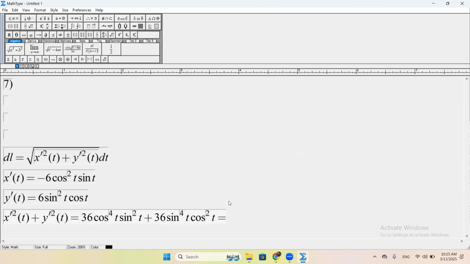Now let's move 36 sine square from t cosine square from t out of brackets, and what we will receive: cosine square from t plus sine square from t, and it will be actually equal to 1.